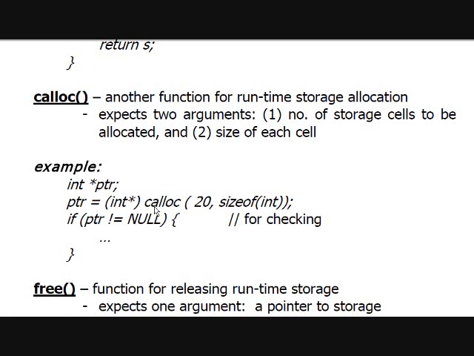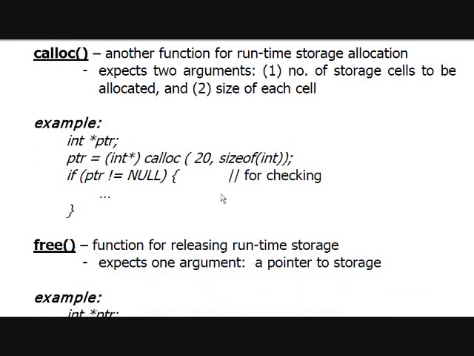If this is malloc, we use the multiplication operator and we multiply 20 times sizeof int. But if you're using calloc, we just use a comma to separate the two arguments. So 20 here is the number of storage cells, and the sizeof int is the size of each cell. So all in all, you have 40 bytes of memory here.